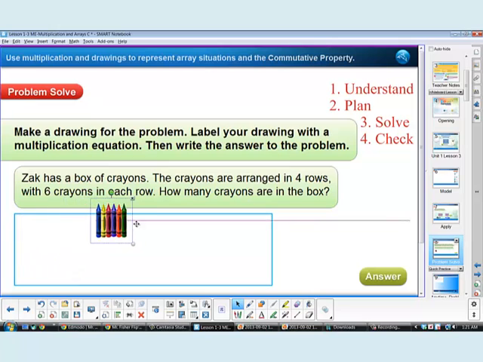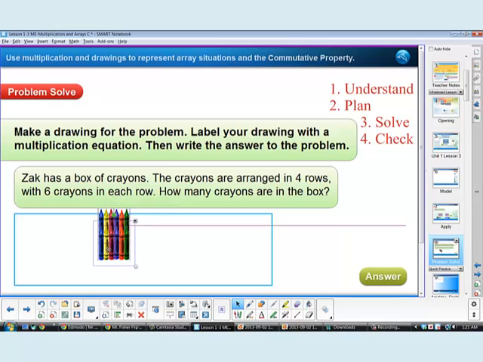So we got 6 crayons, but how many rows do we have? Well, let's make another row. There's another 6. Let's make another row. How many rows do we need? Okay, 4 rows.